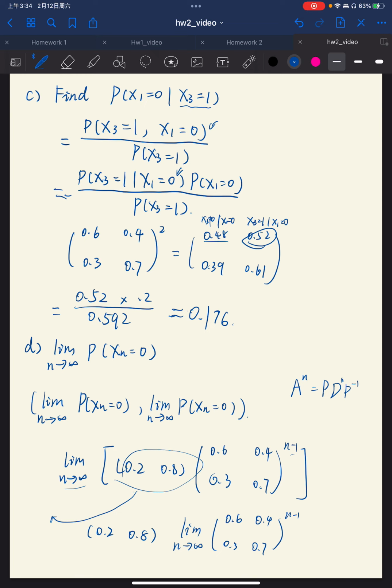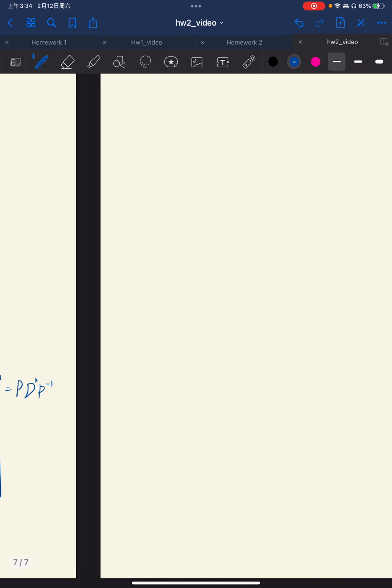The final one is equal to 0.2, 0.8 times 3/7 and 4/7, and 3/7 and 4/7.